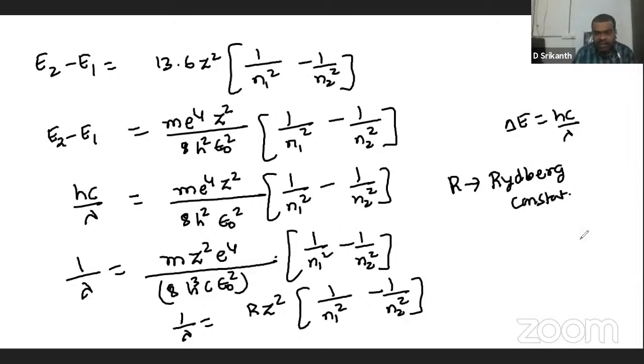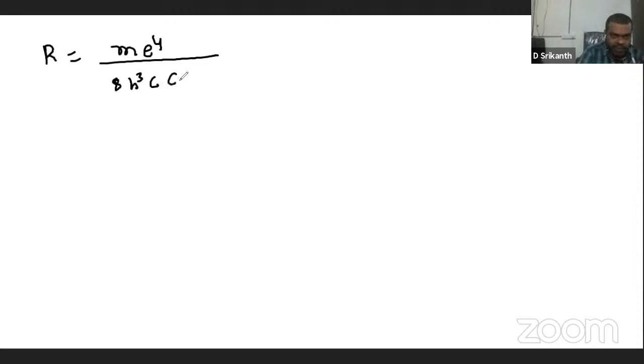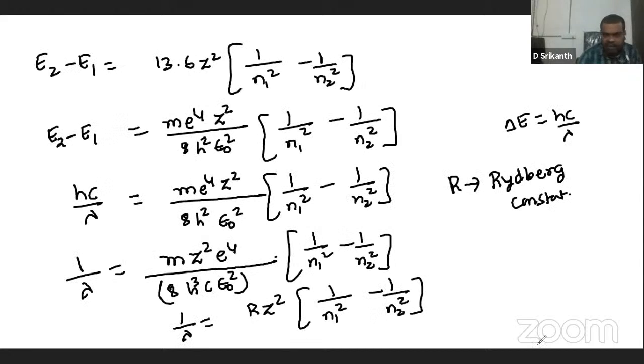We need to find this value. That is R is equal to m e power 4 by 8 h cube c epsilon naught square.